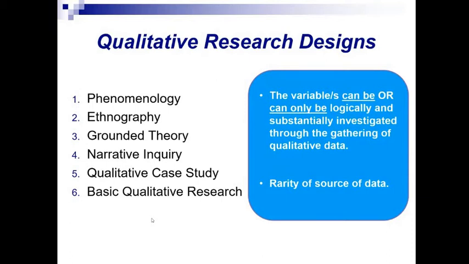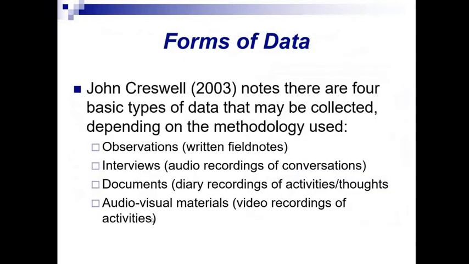Okay. Now, there are different forms of data that we can gather when doing qualitative research. For John Creswell, there are 4 basic types of data that can be collected depending on the methodology to be used. Number 1 would be observations. And observations would depend on our written field notes.